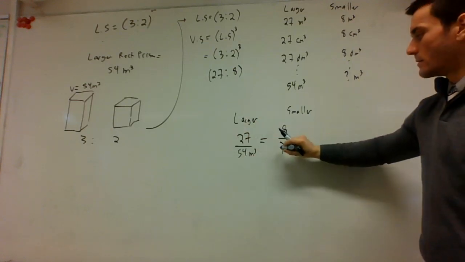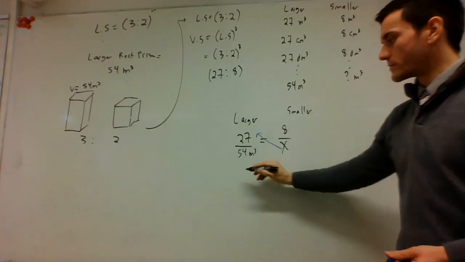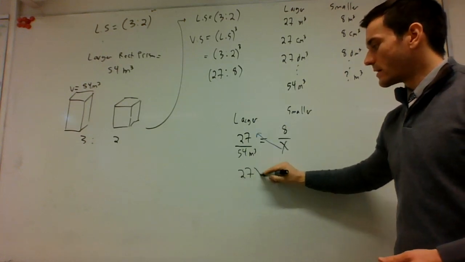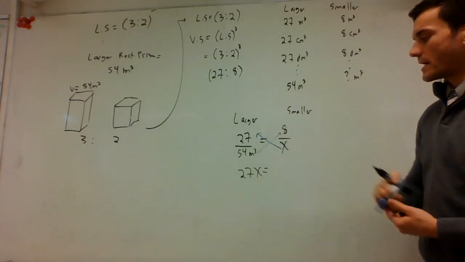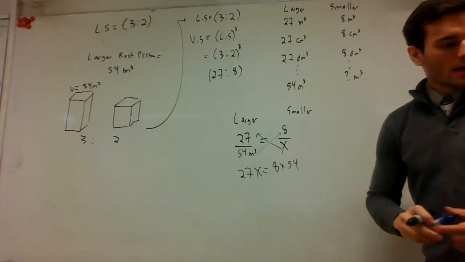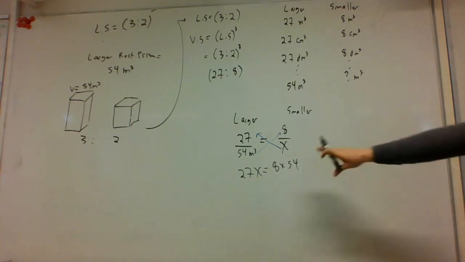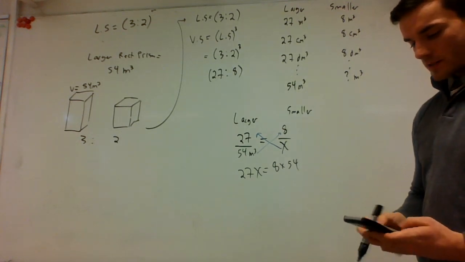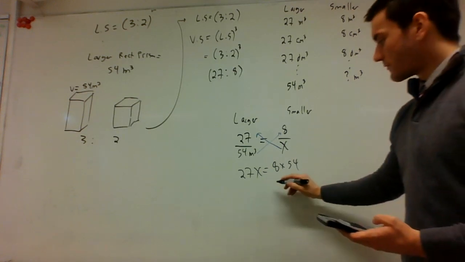I can solve this equation using cross multiplication. I'll move the x over here. x times 27 gives me 27x. And I move my 54 over to the 8. That gives me 8 times 54. I know you guys could solve that, and some of you have probably already solved it because you're much quicker than I am. But 8 times 54 gives me 432.